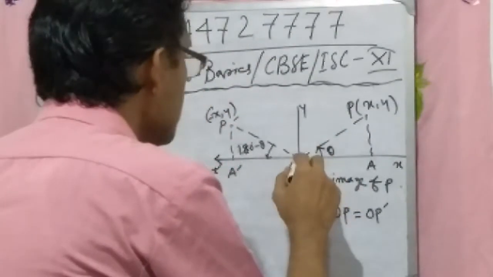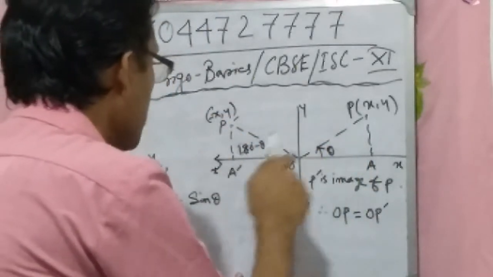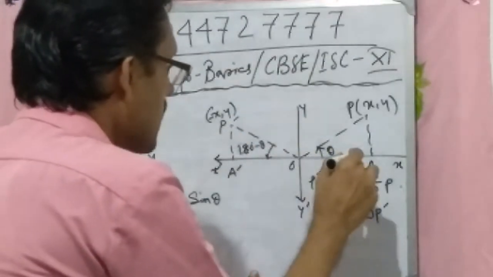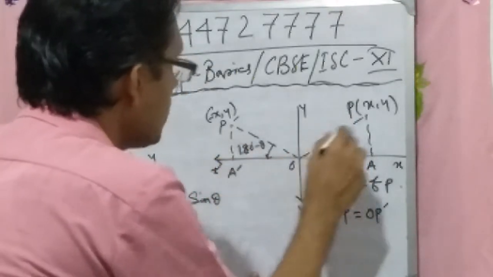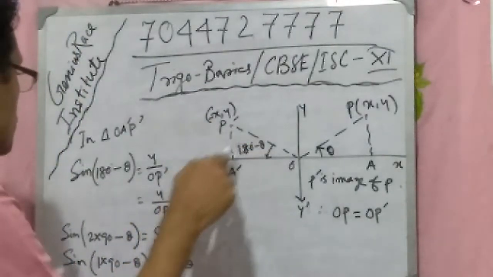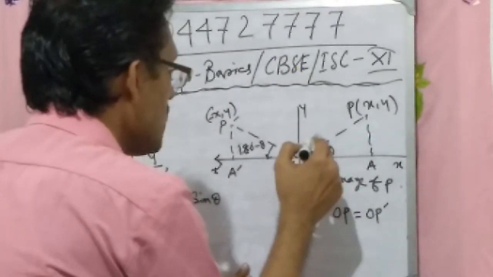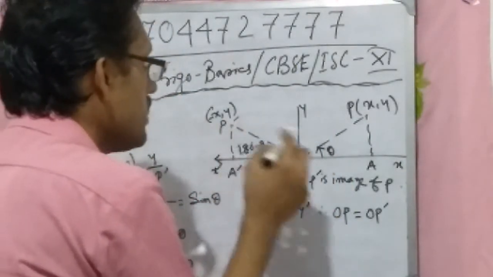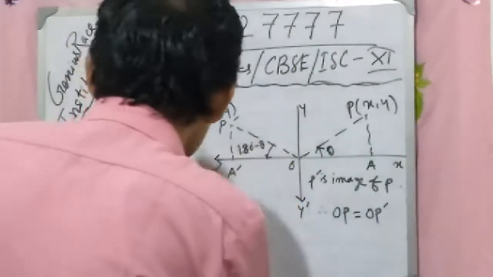If we consider these two triangles with the congruency property, this side is equal in length, this side is equal, so definitely these two must be equal. Now considering this triangle, because this angle is theta, since it's the image of this point, the entire angle will be 180, so the remaining angle will be 180 minus theta.